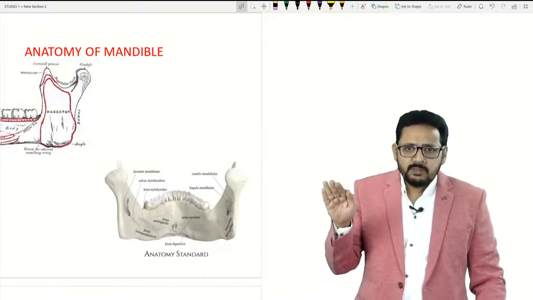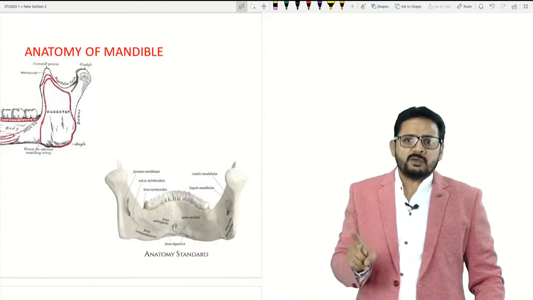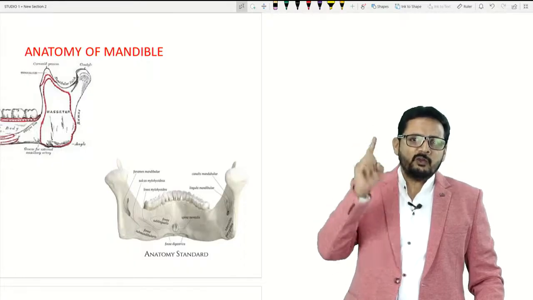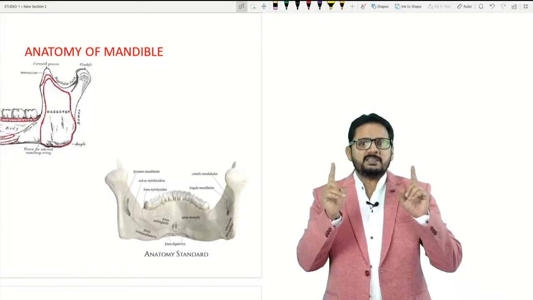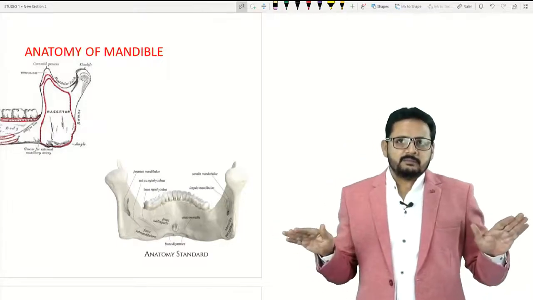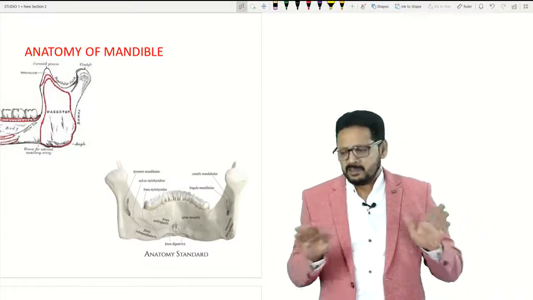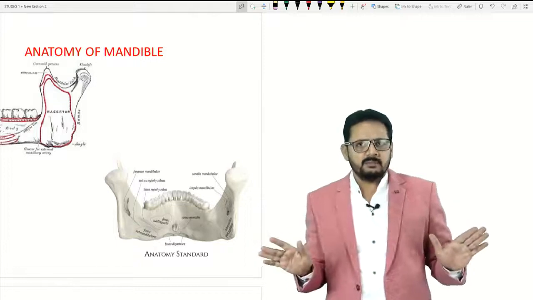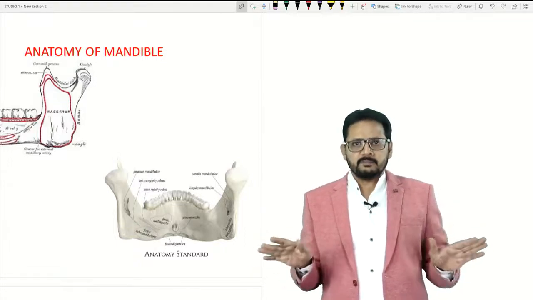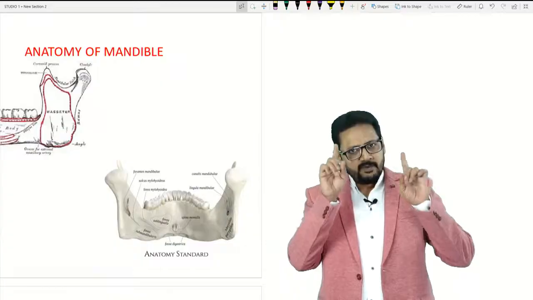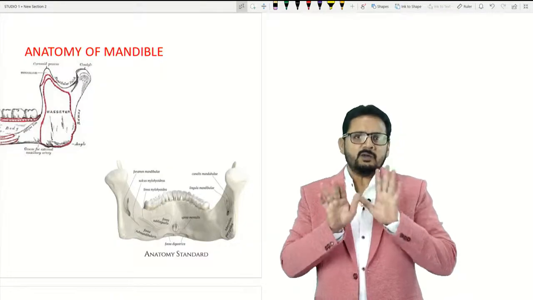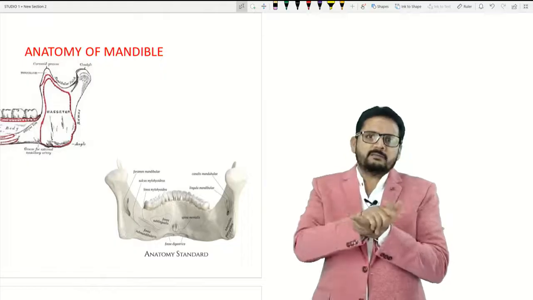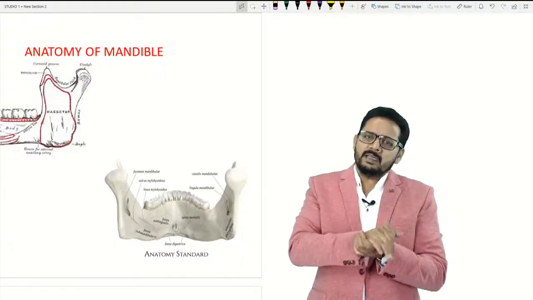Don't panic. The first and foremost rule, whenever you are in such a scenario, please don't panic. Nothing is going to happen. The patient is not going to die. Even if it is an arterial bleed, the first rule is compression.